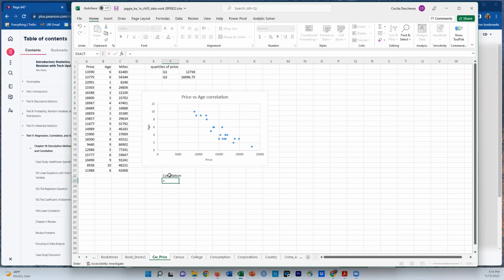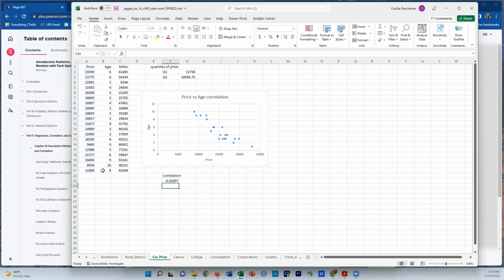It's going to be equals CORREL, correlation, which returns a correlation coefficient. It's going to say array 1, array 2, so it just wants the values in the one column. You have to have the exact same number in both of the arrays. If not, you're going to get an error.